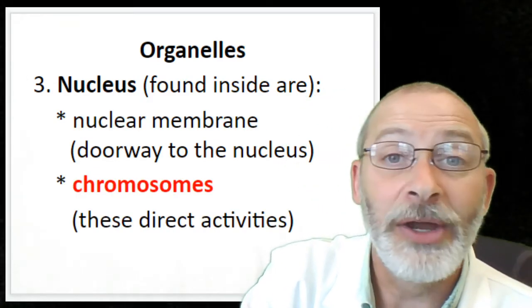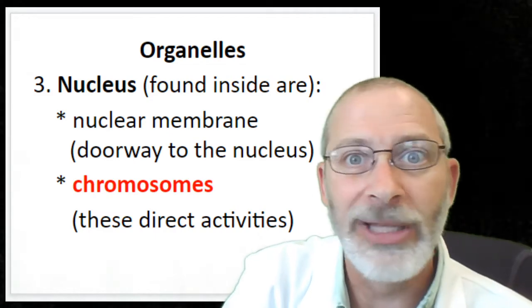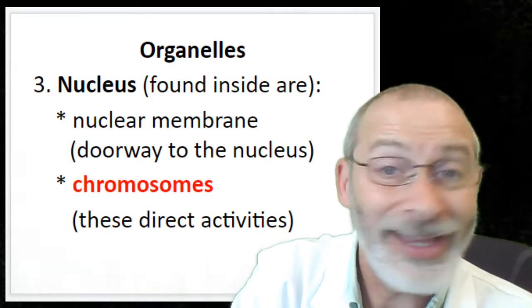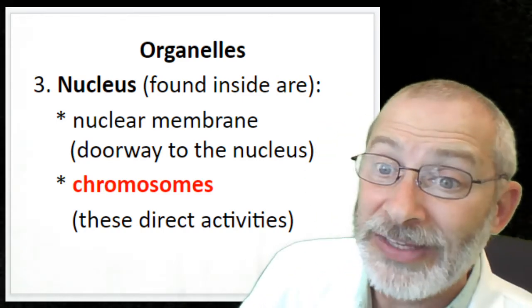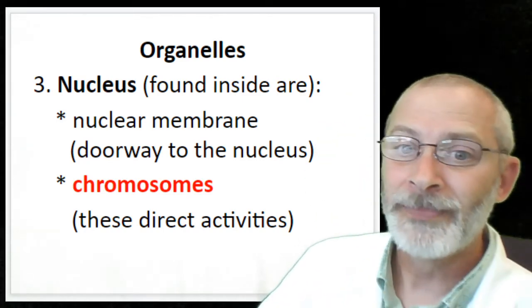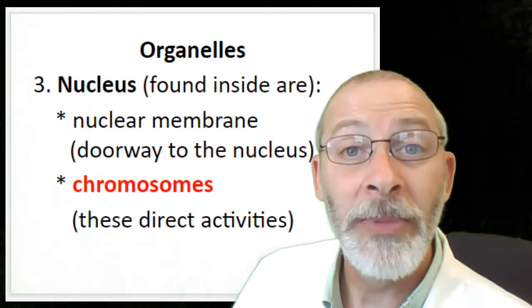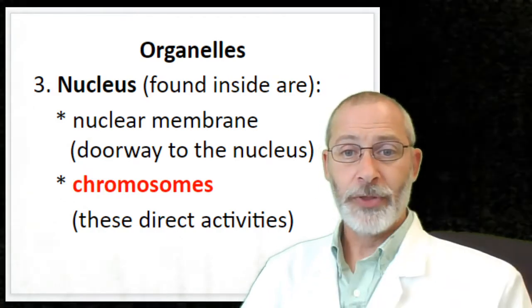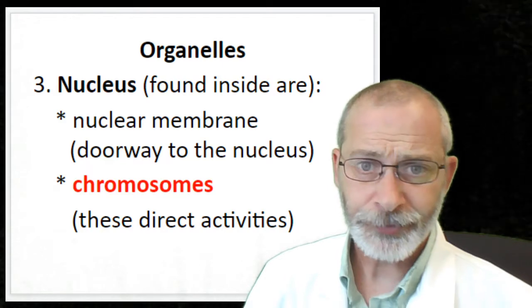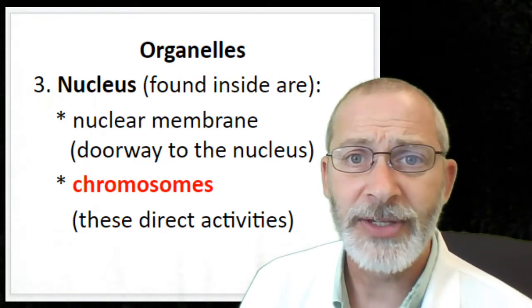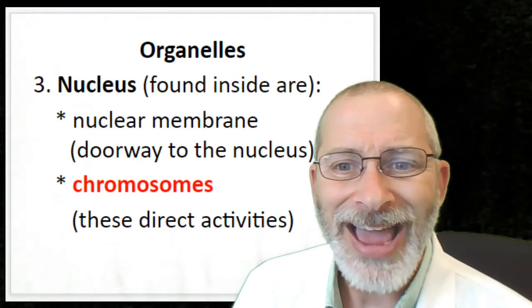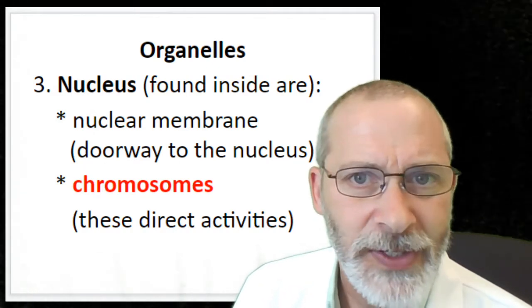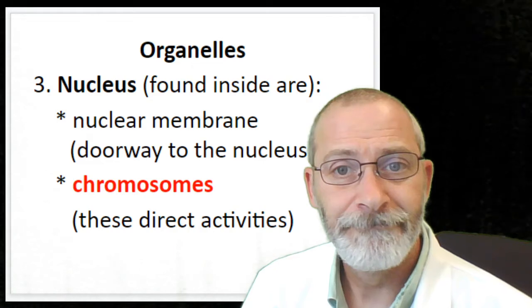Now, what's in there that's so important? It's like a double locked door. Well, that is a good analogy, because there is some really important stuff inside the nucleus, believe me, including the chromosomes. The chromosomes, as we will discover in the next couple weeks as we explore this even further, direct activities in the cell.